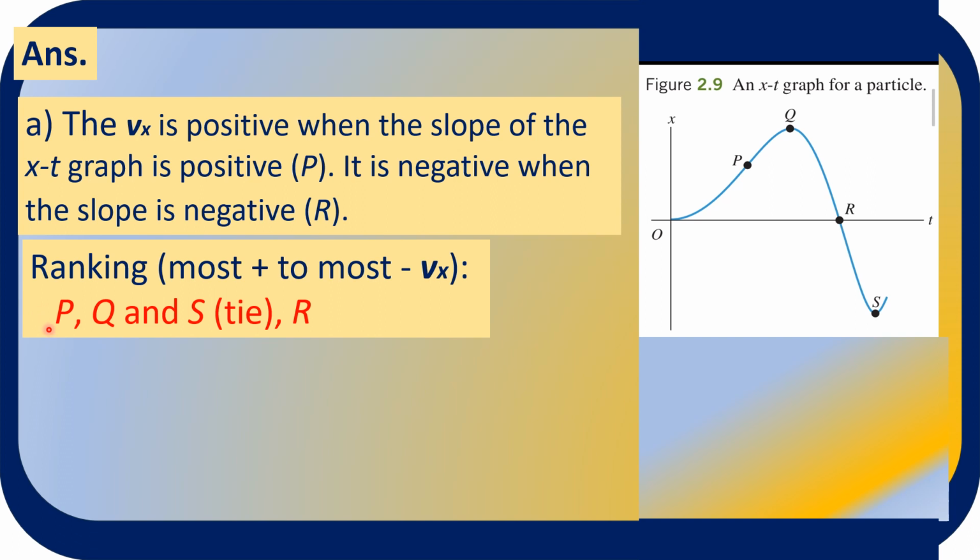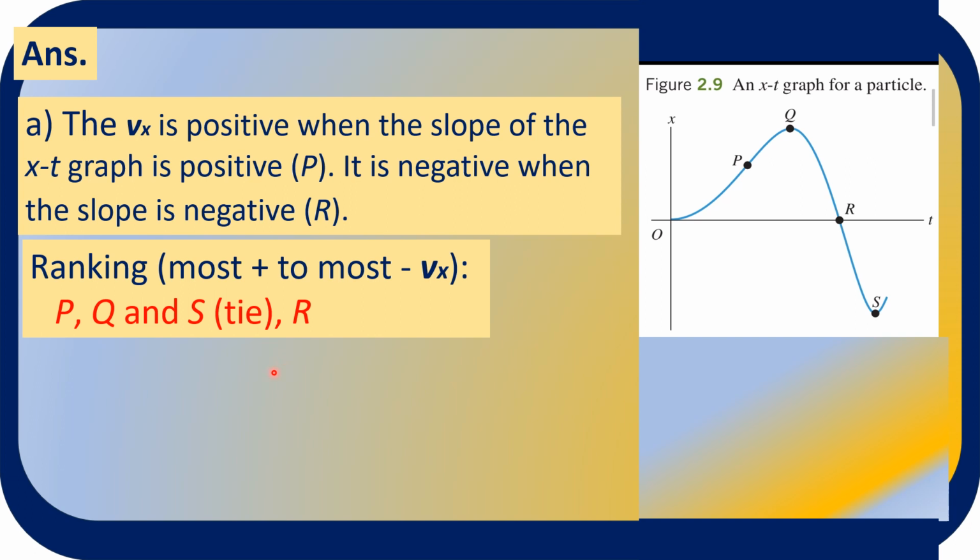And our answer is, the most positive is of course point P, then point Q and S actually are tied, and the most negative is at point R. So that's our answer to question letter A.